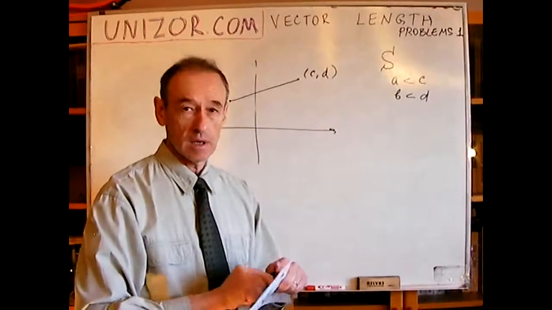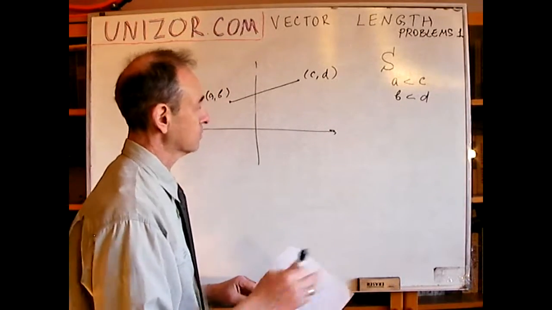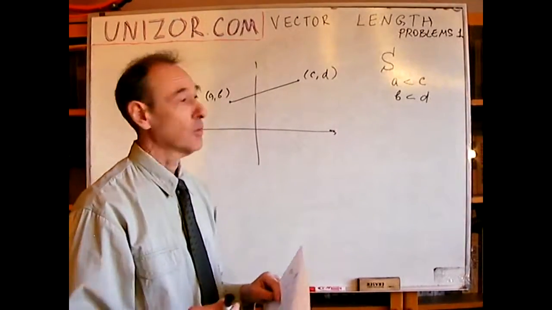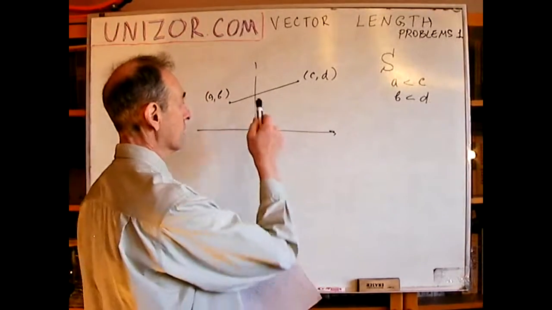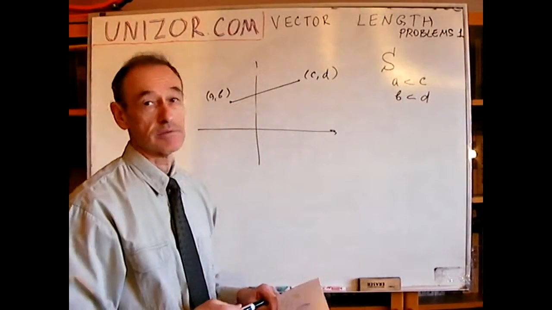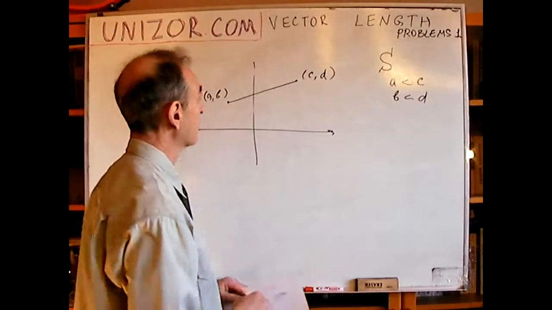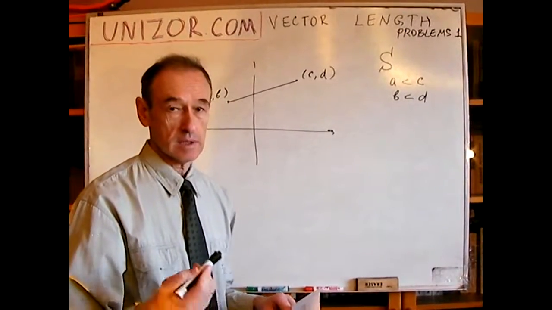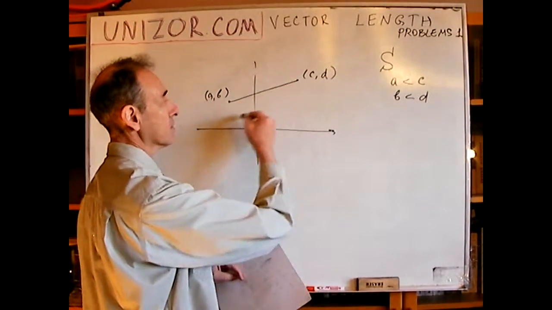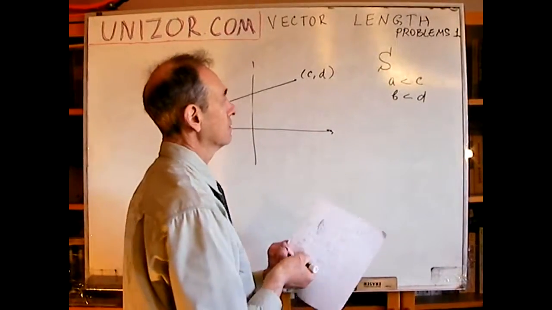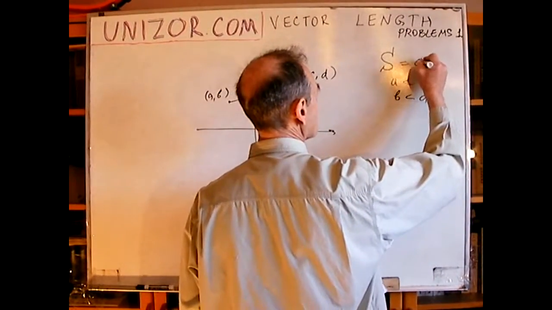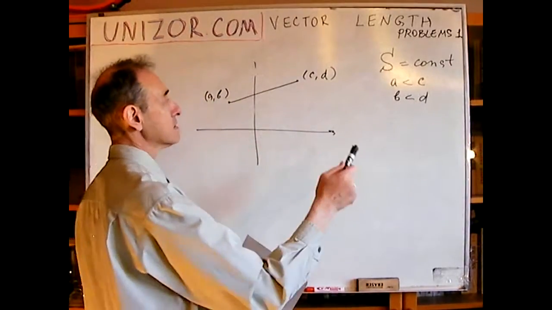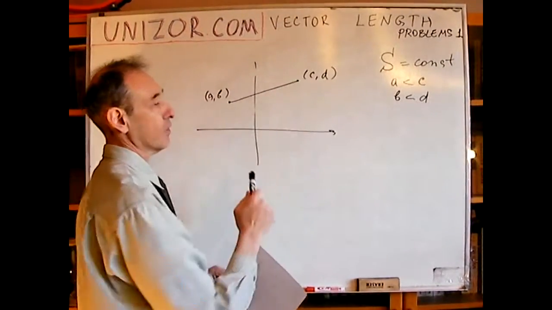That's easier this way, so I don't have to worry about negative things. So the question is, what exactly are the characteristics of this particular vector of velocity, which is the same in every point on its way, because I said that s is constant. I hope I said it. If I didn't, I'm saying it right now. So s is constant. It moves with a constant speed from this point to this point.